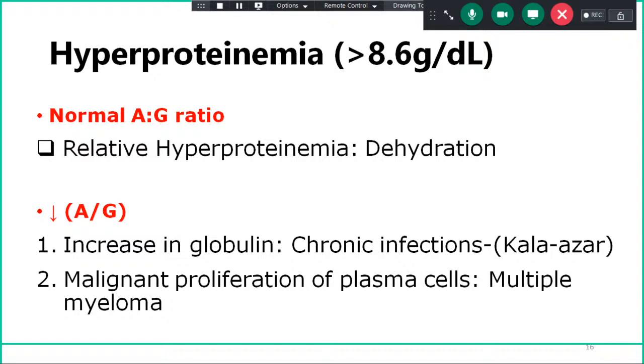And with a decreased A/G ratio, we see a very high increase in globulin, as seen in chronic infection, where multiple types of immunoglobulin are increased, and in malignant proliferation of plasma cells, where a single type of immunoglobulin increases, leading to a monoclonal immunoglobulin rise, as seen in multiple myeloma, which is a cancer condition of the plasma cell.